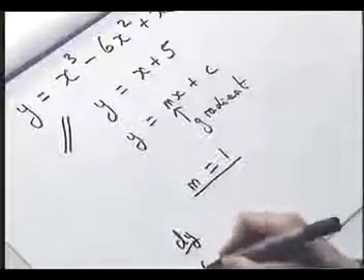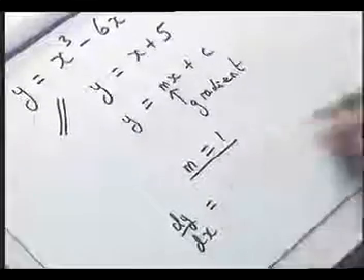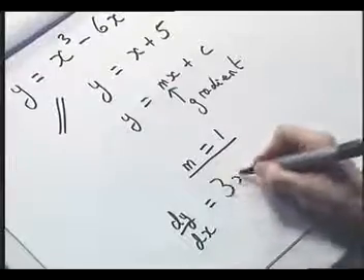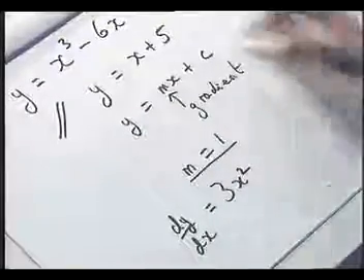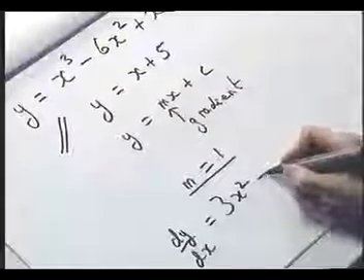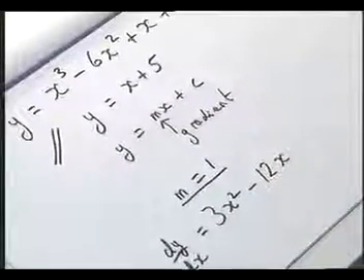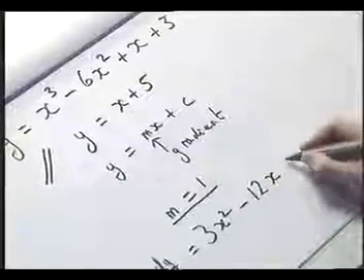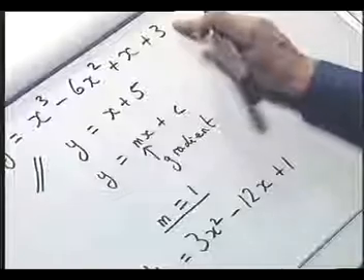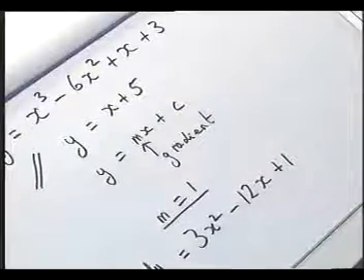Let's differentiate. dy by dx is equal to the derivative of x cubed, which is 3x squared. The derivative of minus 6x squared is minus 12x. The derivative of x is plus 1. And the derivative of 3 is 0 because it's a constant.